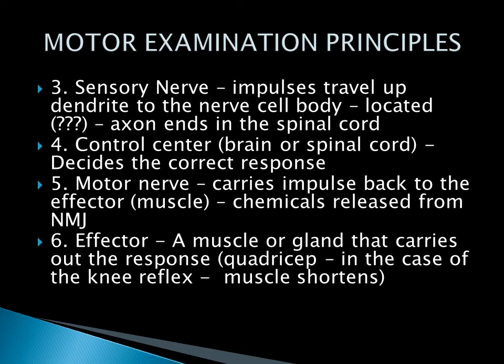In this case, the quadriceps contract, causing a rapid shortening of the muscle in response to the initial stimulus, which was a rapid stretch or rapid lengthening of the muscle.